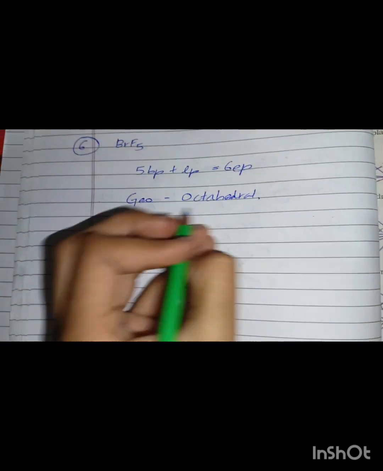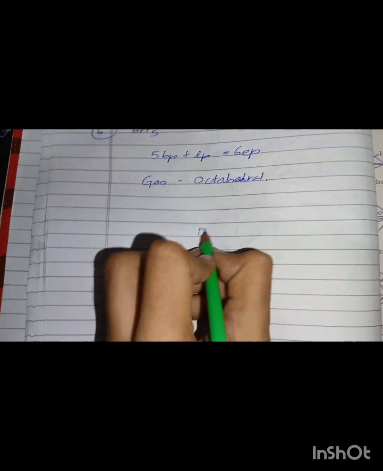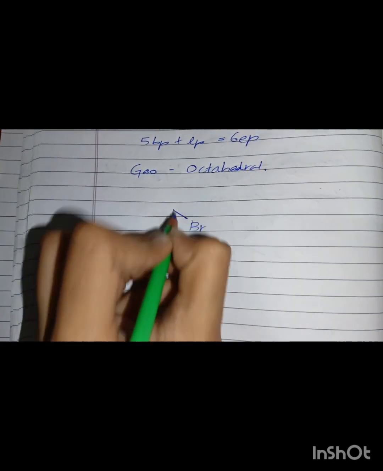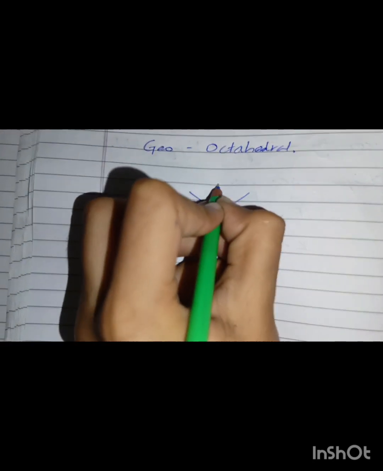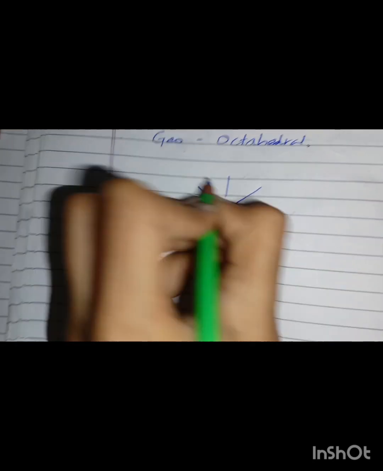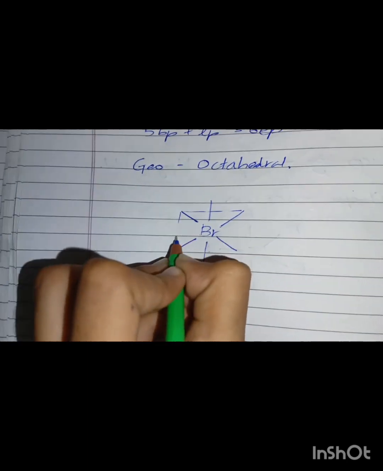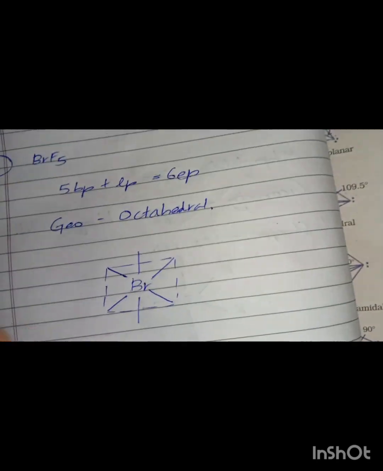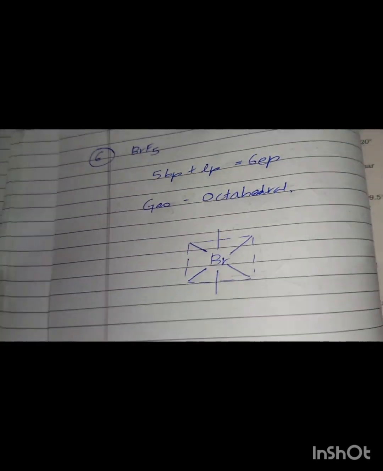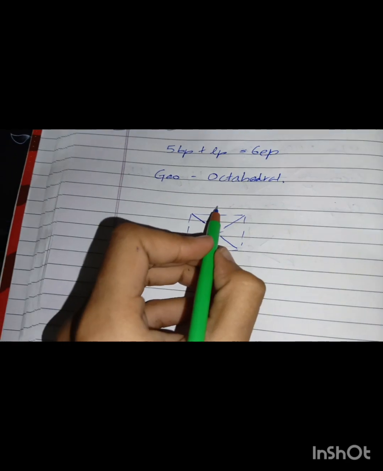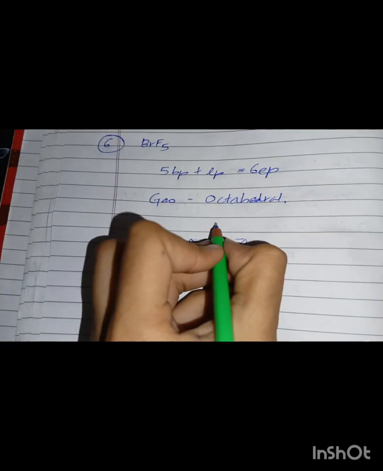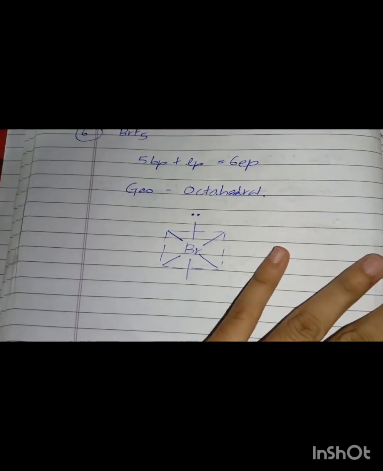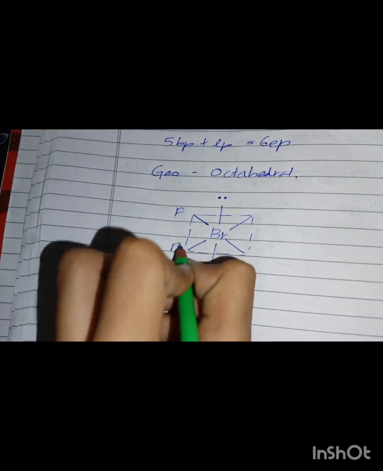So octahedral, then we know that we make it like this. It looks like a square. And here we place the lone pair at these positions which are coming out, right? So place one electron pair here and another atom here.